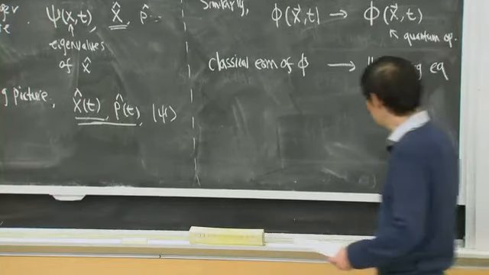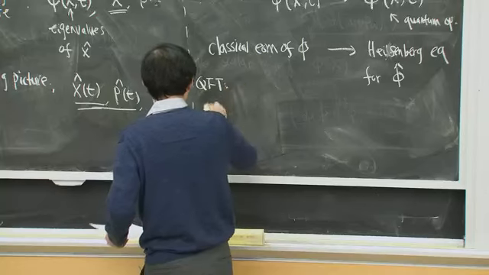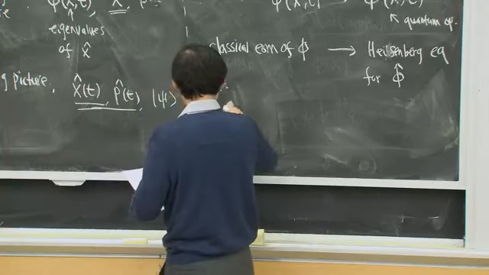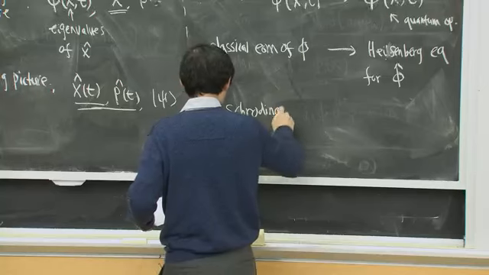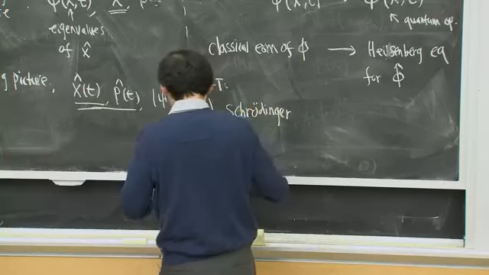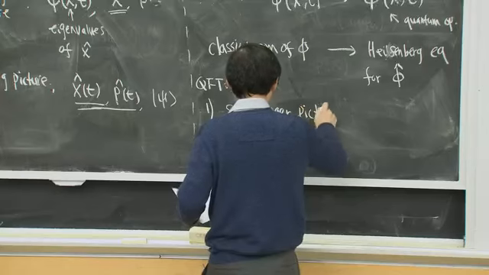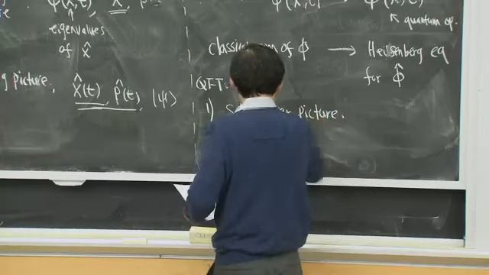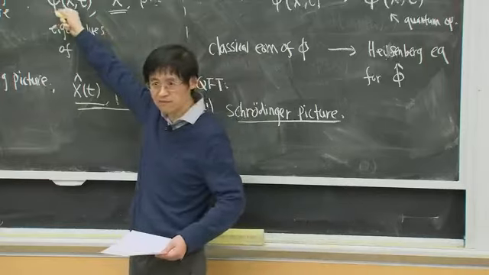So for QFT, in the Schrodinger picture, again, you look at the wave functions of your dynamical variables, the eigenvalues of dynamical variables. So what's the generalization of this psi of x and t?